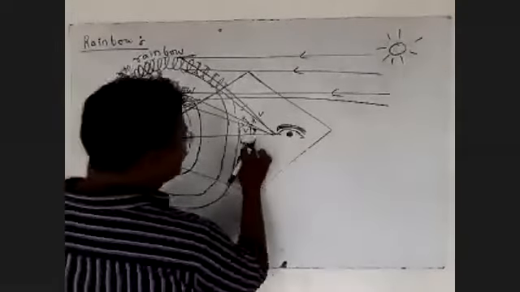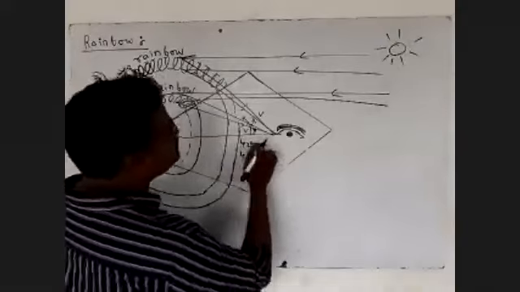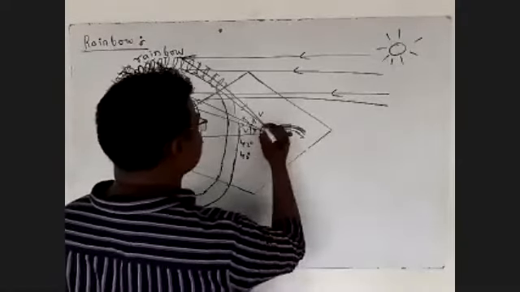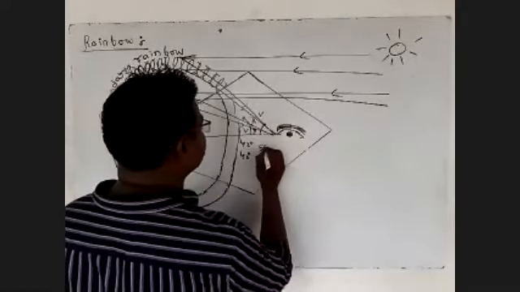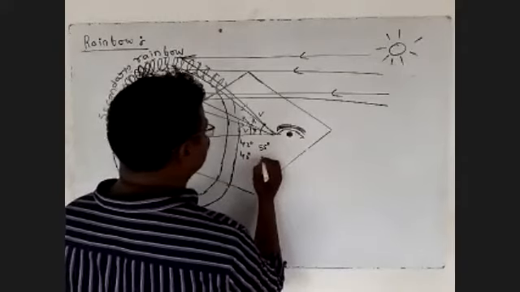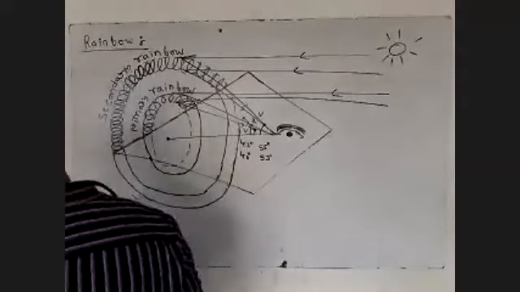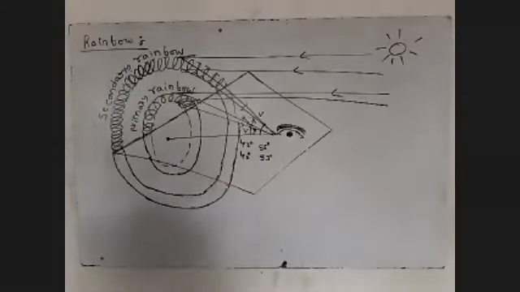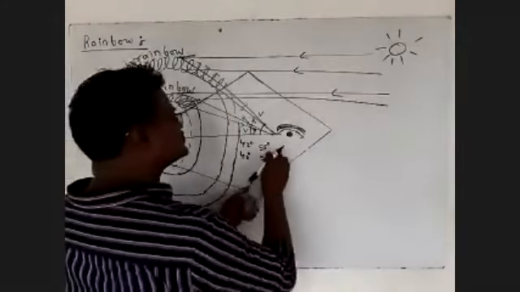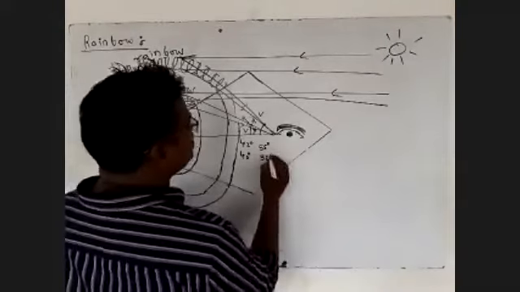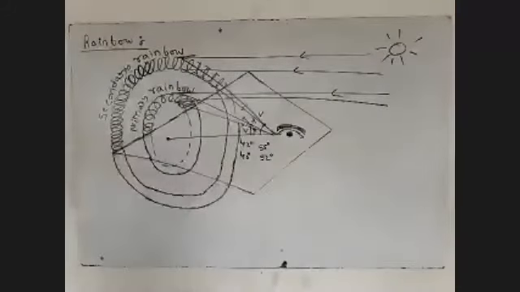This is red, this is violet. Next, for violet in the secondary rainbow we are checking 55 degrees, and for red 52 or 53 degrees. You can take 52; some books give 53, some give 52. This is 52 degrees.